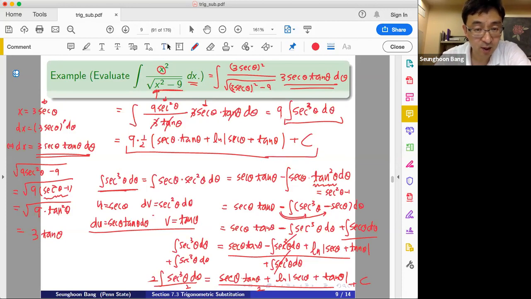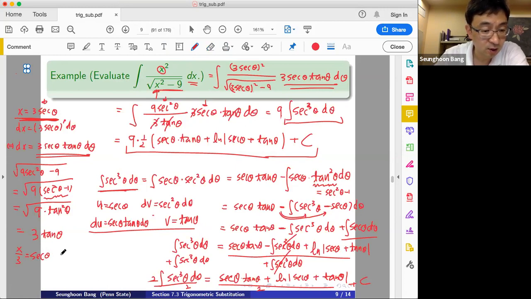What's the next step? The next step is, I can erase here, you can change the theta variable back to the x variable. How can we change the theta variable to the x variable? We can use this relation, x equals 3 secant theta, so x over 3 equals secant theta.